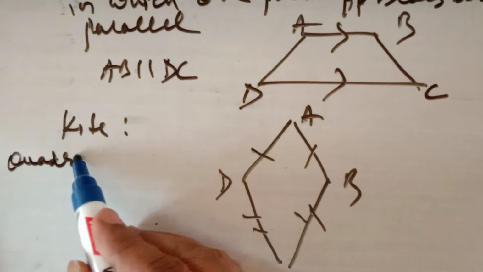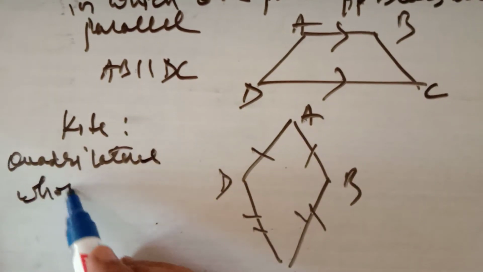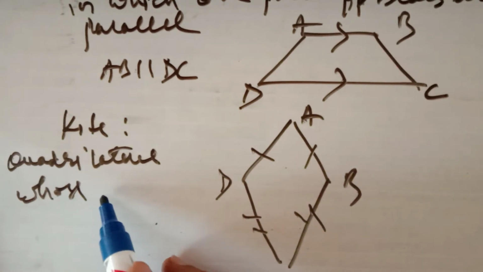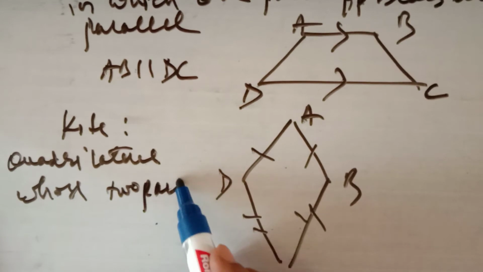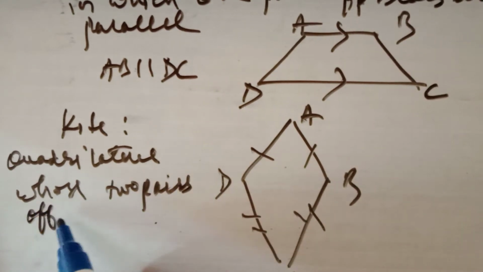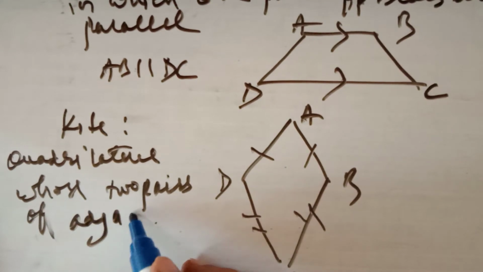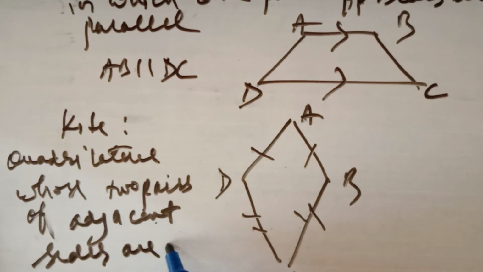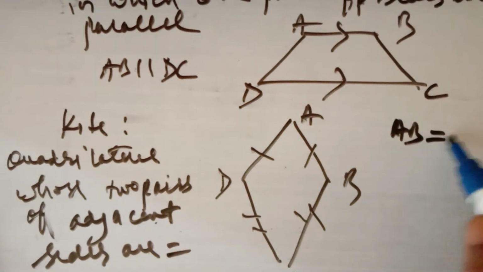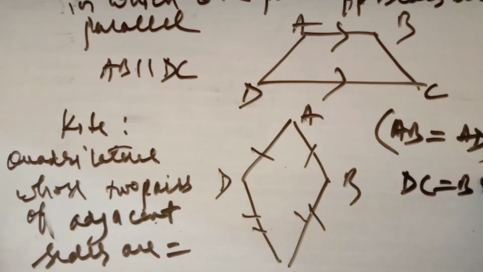A quadrilateral whose two pairs of adjacent sides are equal, that is, AB is equal to AD and DC is equal to BC.